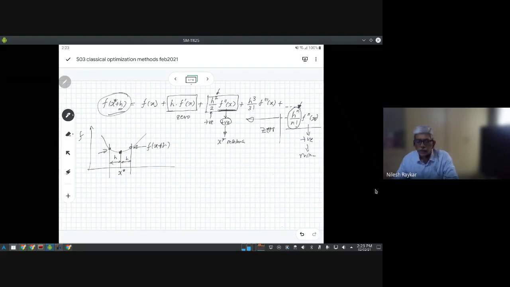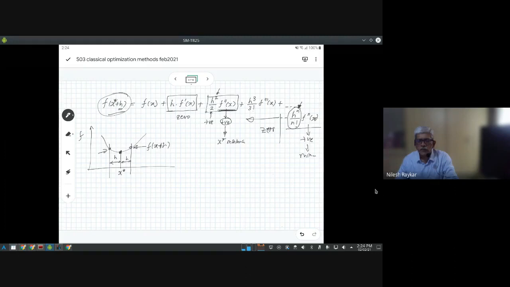Now let's see the other part, when n is odd. If n is odd, then h to power n can be positive or negative based on whether h is positive or negative. As a result, your function could increase or it could decrease on either side of the point.